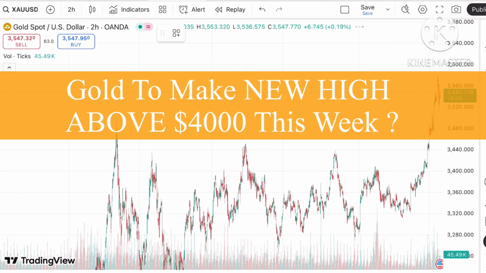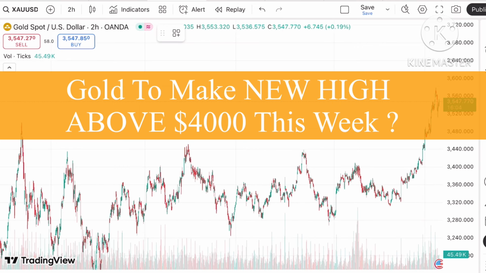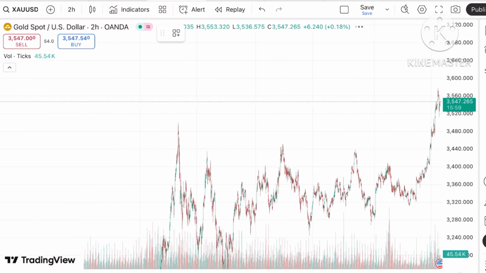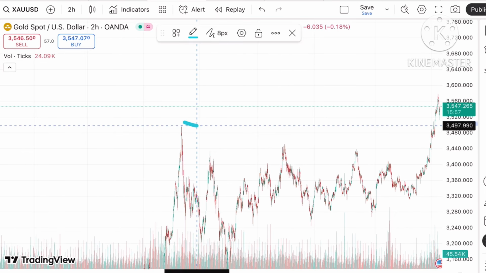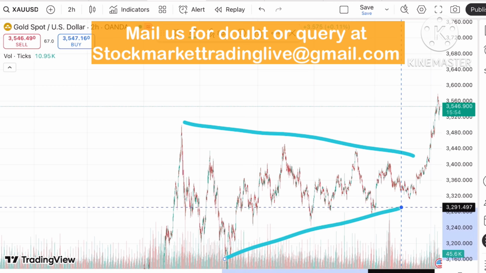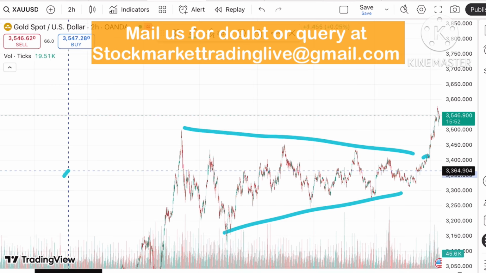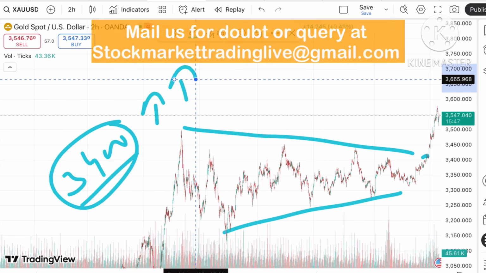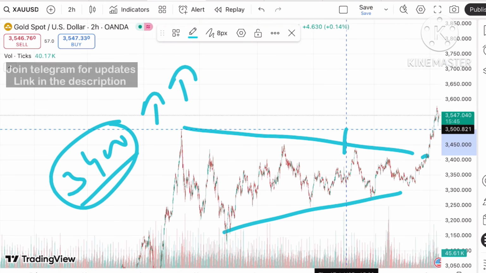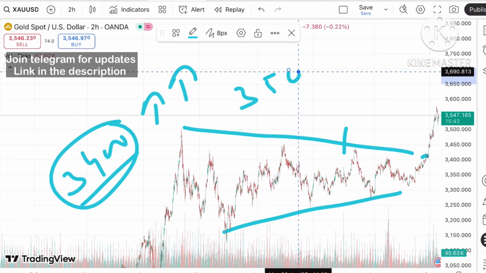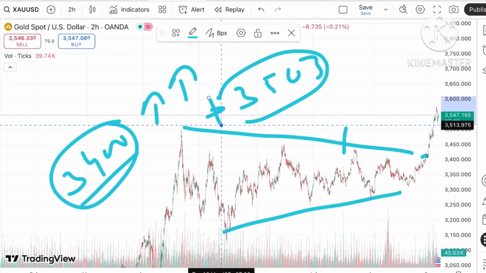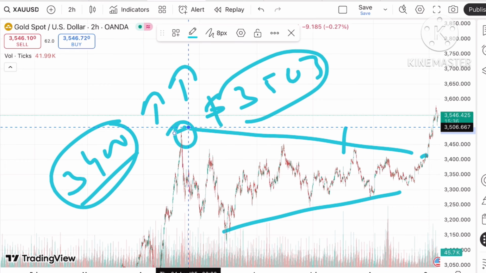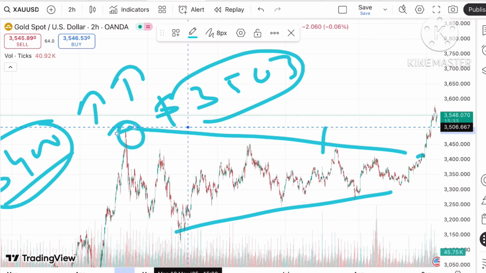Today in this video I'll explain how the price of gold has moved in the last week and how it can move in the next week. I've clearly explained that gold is forming this particular pattern, and there is a higher chance that if the price sustains above 3400, further upside can be seen. It has already made a high; the all-time high was around $3503, and once the price started going upside, there was a higher chance we could see a further high.